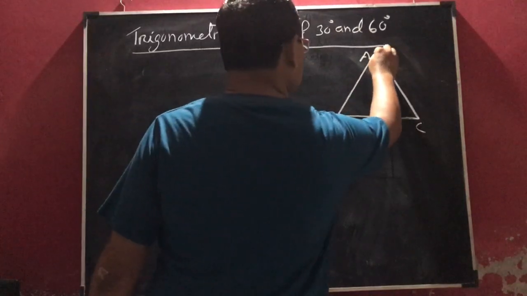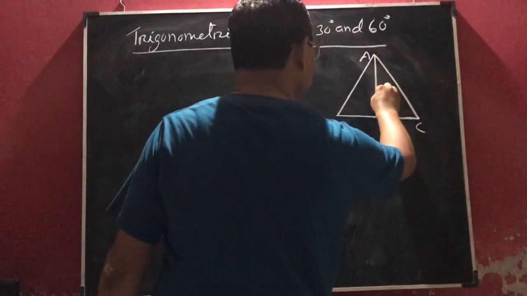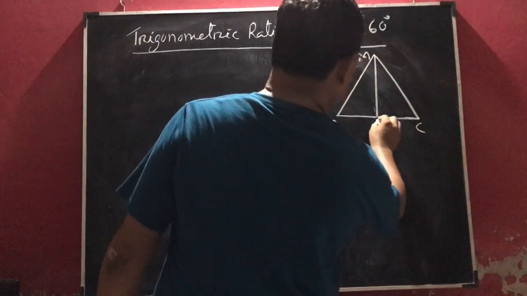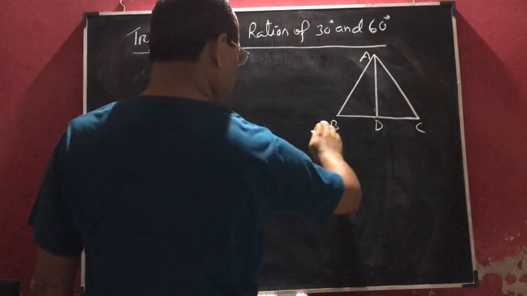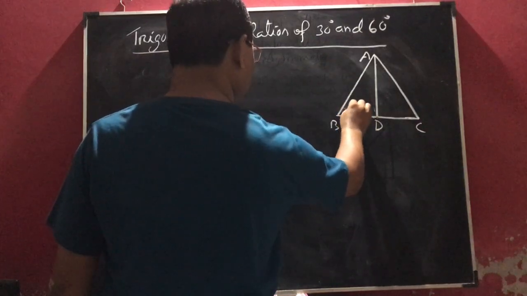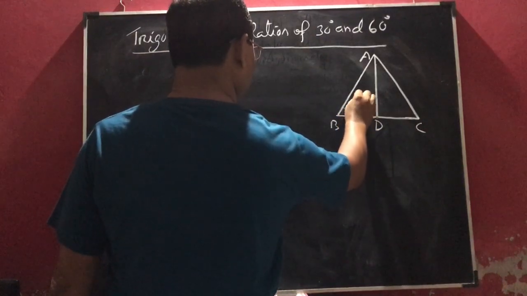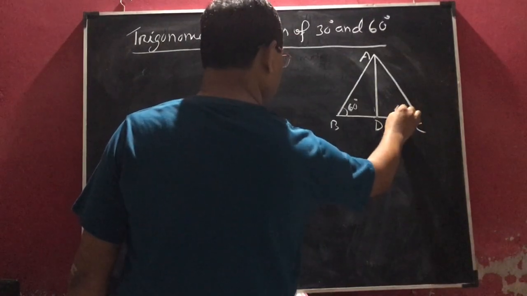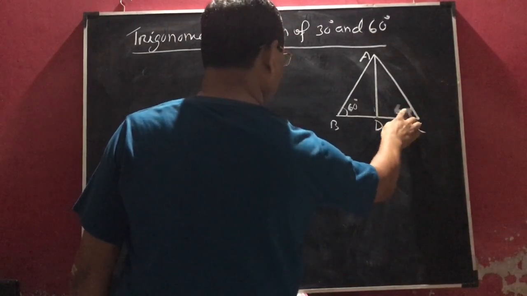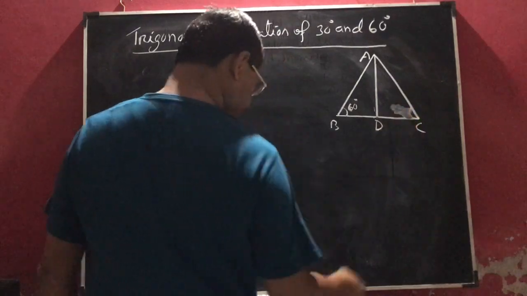And draw AD perpendicular to BC. So this angle is 60 degree, this angle is also 60 degree. All angles are 60 degree.